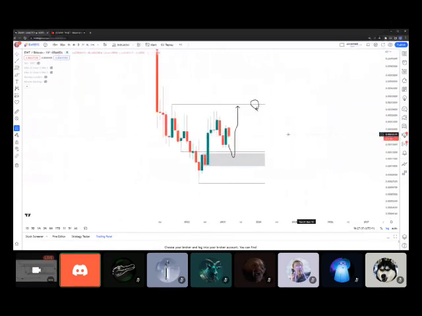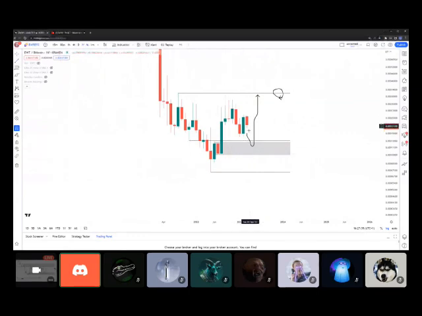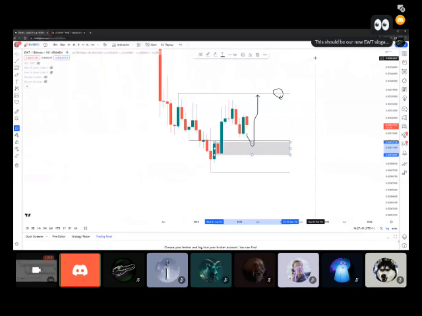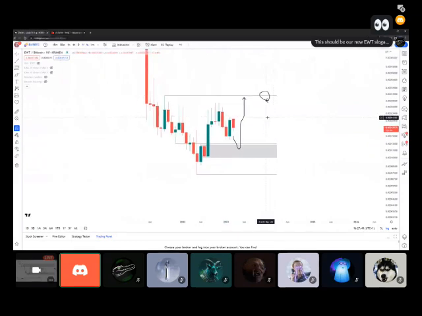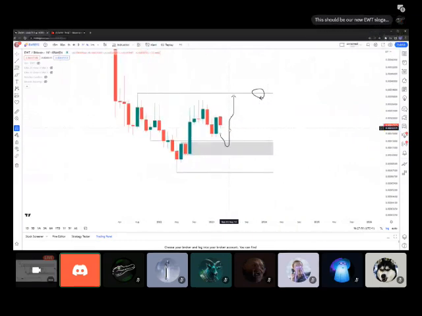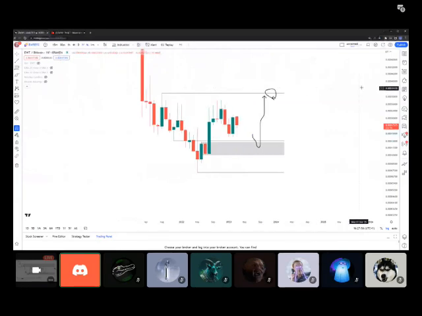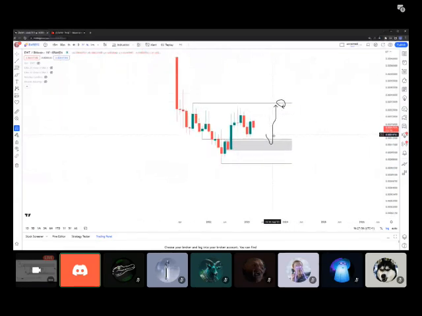This zone is from the monthly demand around 12,750 and 10,000. As long as we are above there, there's not much of a problem. We've discussed it also during the previous episode where I said as long as we hold here, that's fine.